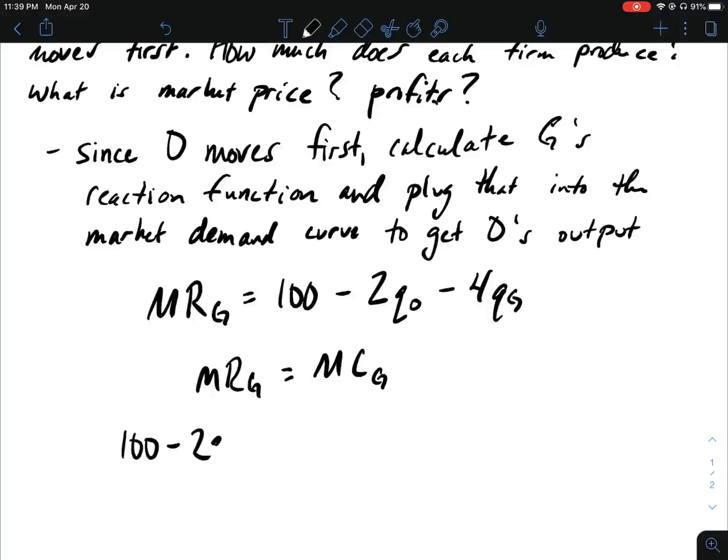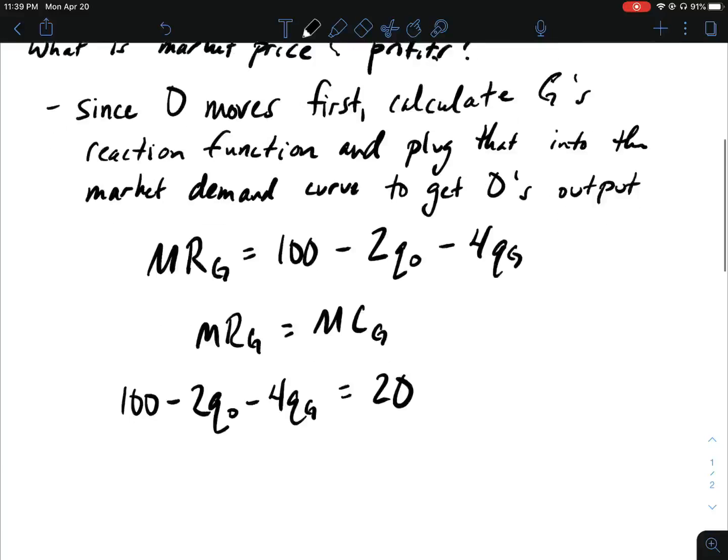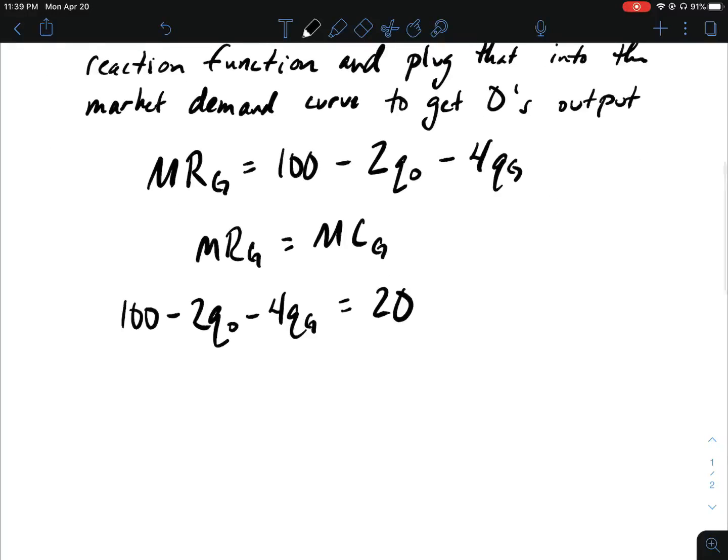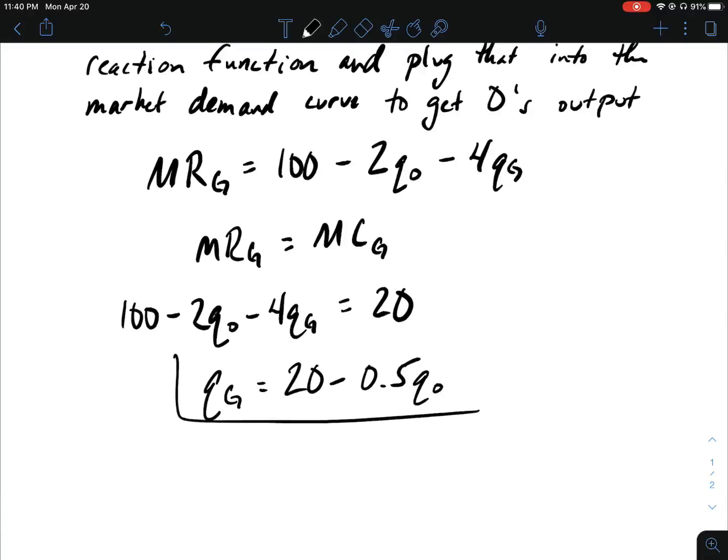So we have 100 minus 2 QO minus 4 QG, and we'll set that equal to 20. So we're solving for QG, and same as last time, our QG equals 20 minus 0.5 QO. That's Grease Tech's reaction function.